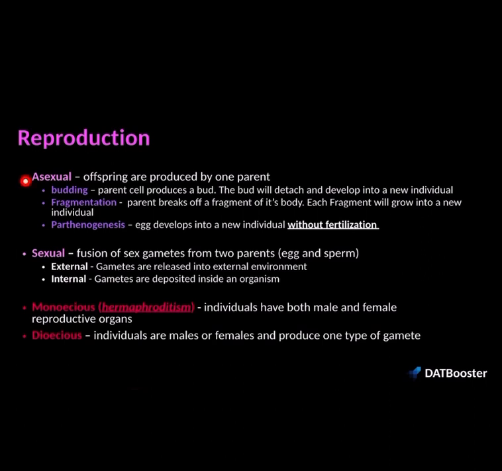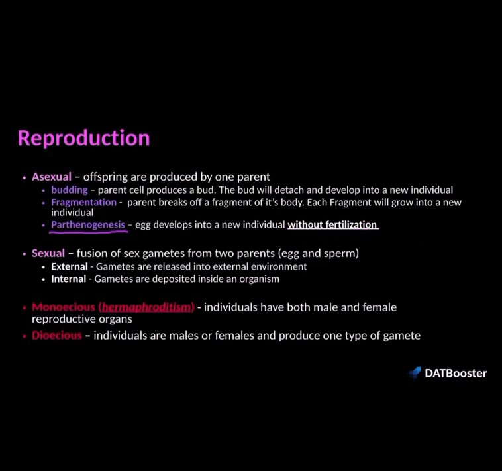So for asexual reproduction, we've already looked at kingdoms that have asexual organisms, or species that reproduce sometimes asexually, like kingdom fungi. So asexual reproduction, different types of that could be budding, fragmentation, parthenogenesis. This is a big one. That's where an egg develops into a new individual, new offspring, without male fertilization. So males are not required for the species to survive.